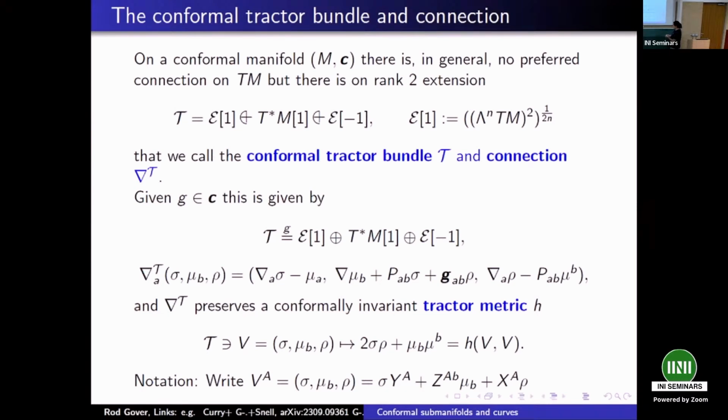But when you pick a metric, it just decomposes into a direct sum like that. So a section of this bundle can be written as a triple, sigma from the densities here, rho from the densities there, and your cotangent with some weight. And the formula for the tractor connection is here. The details don't matter. The main thing is it's a pretty simple formula. Here's the Levi-Civita connection acting at each slot.